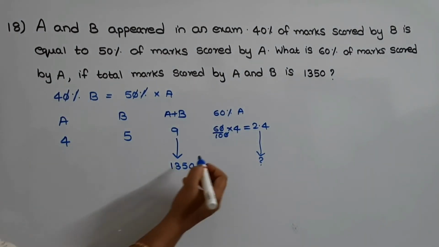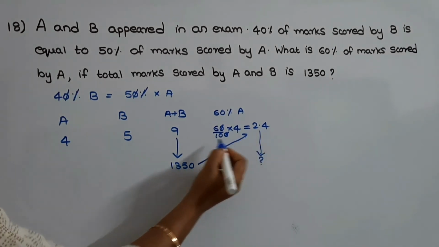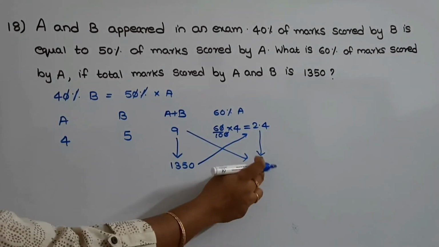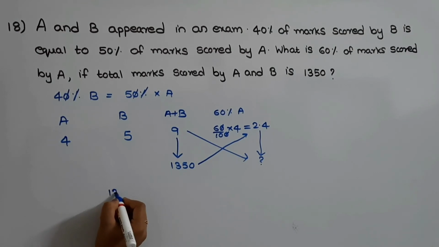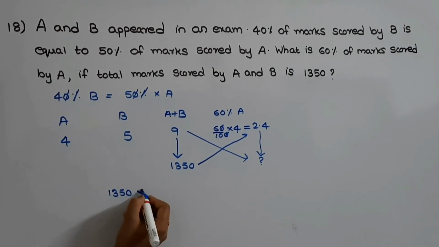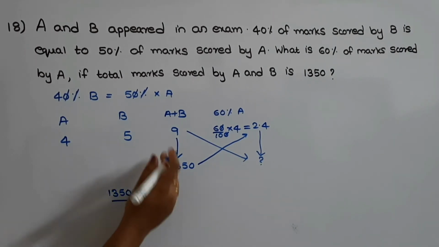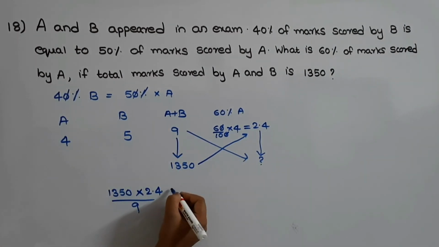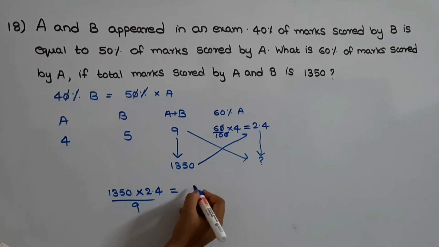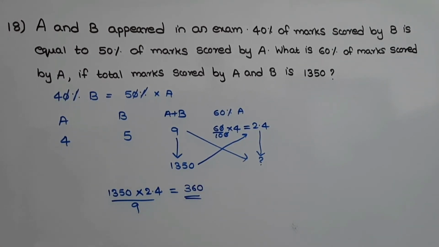So this we can find out by cross multiplying. So this marks will be equal to 1350 into 2.4 divided by this 9. So on solving this, you will get the answer as 360. Okay, so this is the answer.